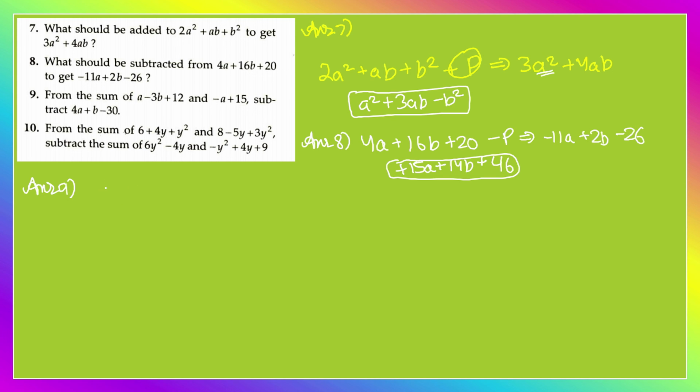So first of all we're going to add a minus 3b plus 12, and I have to add minus a plus 15. So we have to add these. So I get plus 27 and I get minus 3b. Then here I just get cancelled out. Minus 3b plus 27. And now it is subtract 4a plus b minus 30 from it.